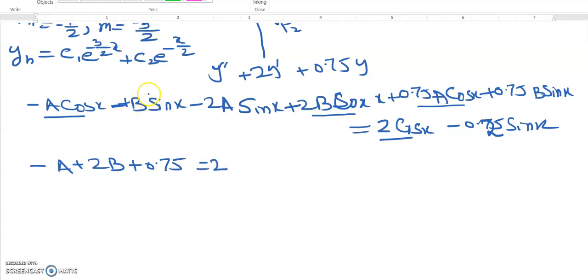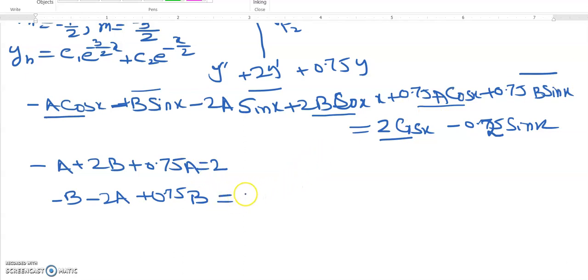Now we will collect the terms of sine x: minus b minus 2a plus 0.75b.